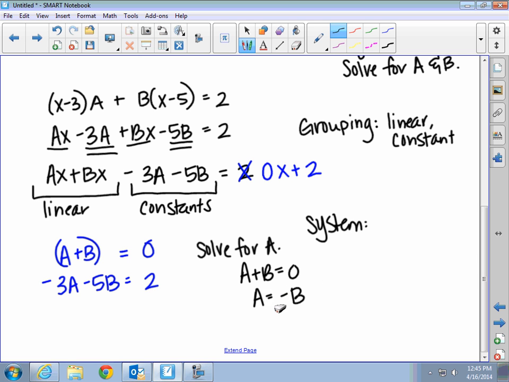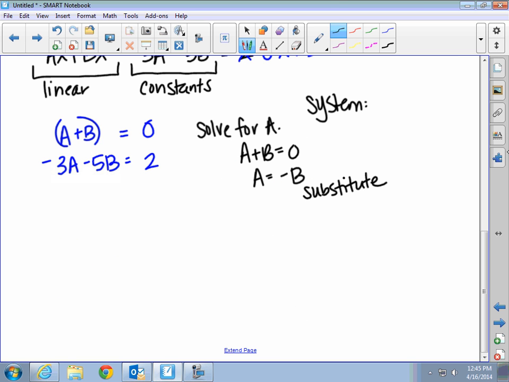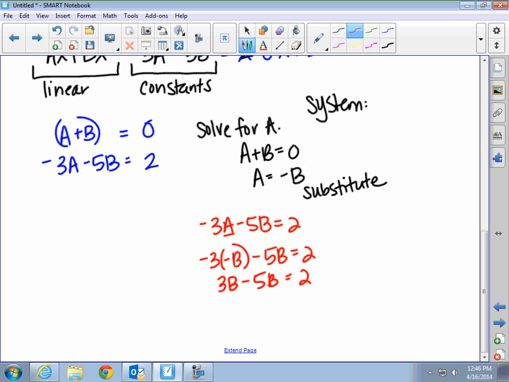Take that value and substitute it back into the other equation. All right, so I'm going to use a different color. I'm going to take my negative 3a minus 5b equals 2. And what am I going to change this a to? Negative b. So negative 3 times negative b minus 5b equals 2. That's 3b minus 5b equals 2. Negative 2b is 2. What does b equal?